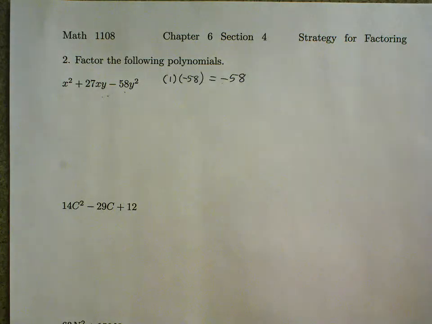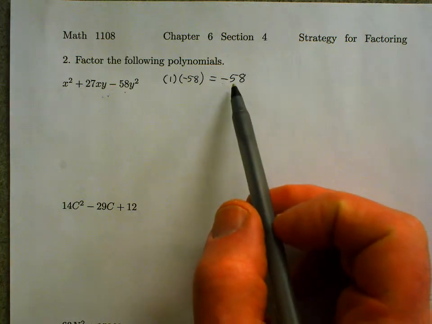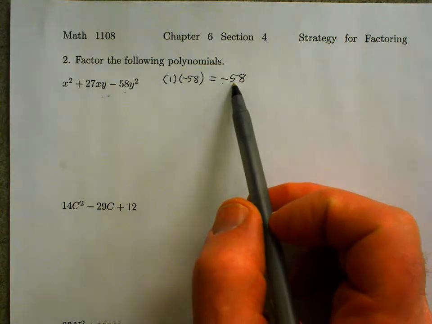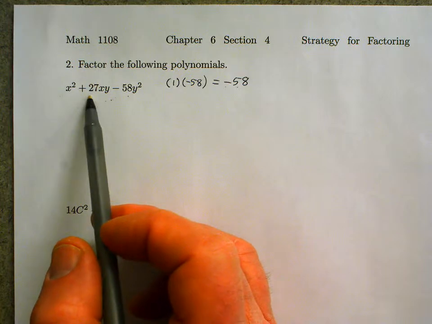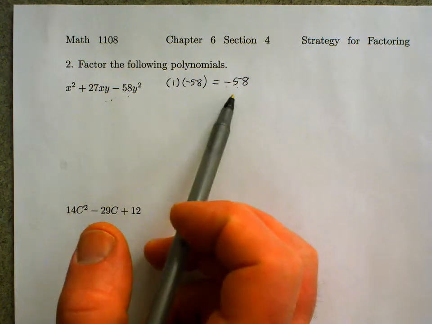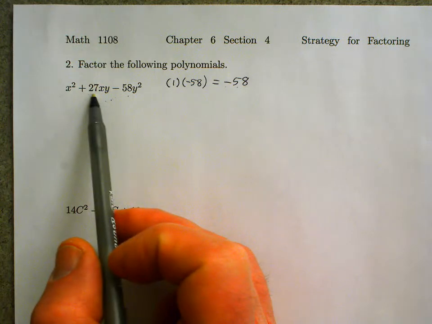Okay, let's go through the thought process here. If two numbers have a product that is negative and a sum that is positive, well, one must be positive and one must be negative, and the one with the largest absolute value is positive.